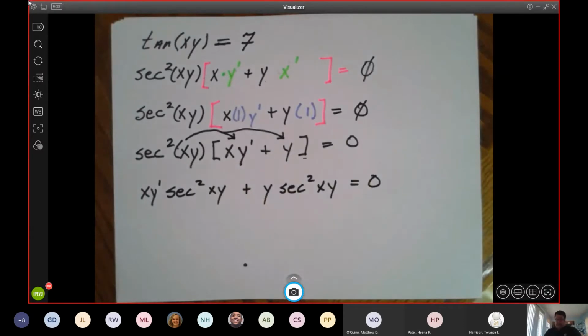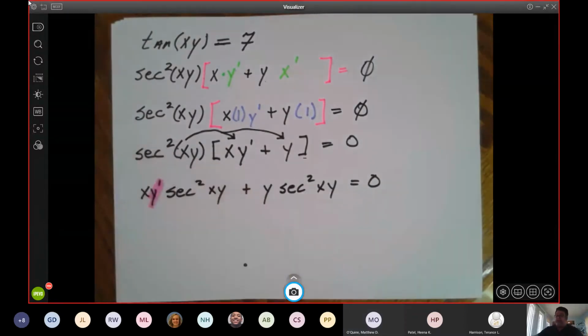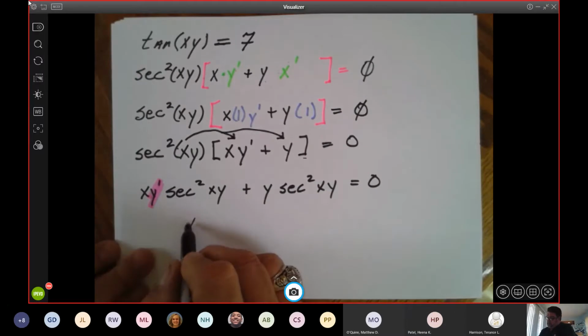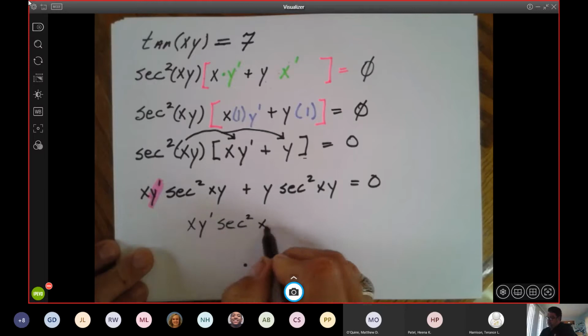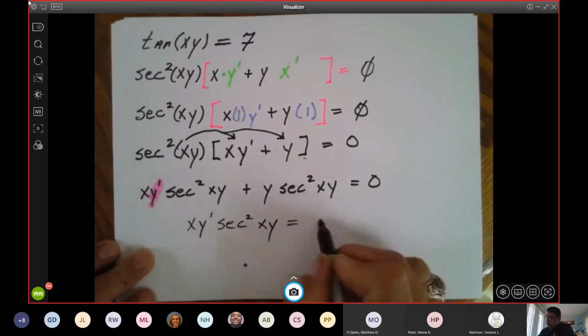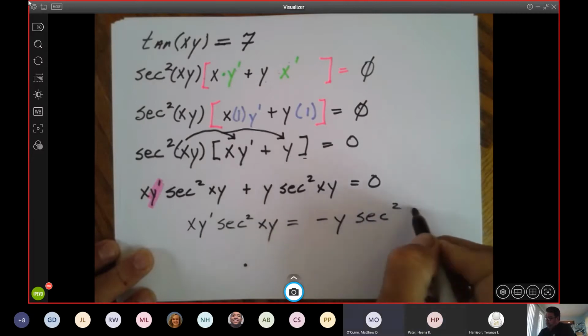Now I'm going to go back in here and I'm going to highlight this guy because that's who we're wanting to get by himself. So I'm going to subtract the y secant. And that's going to give me x y prime secant squared xy is equal to negative y secant squared xy.